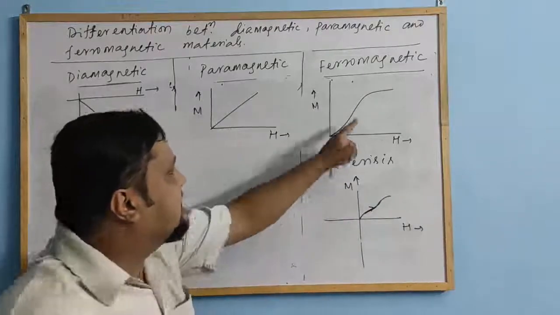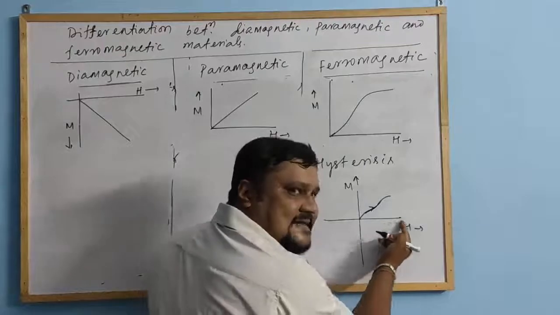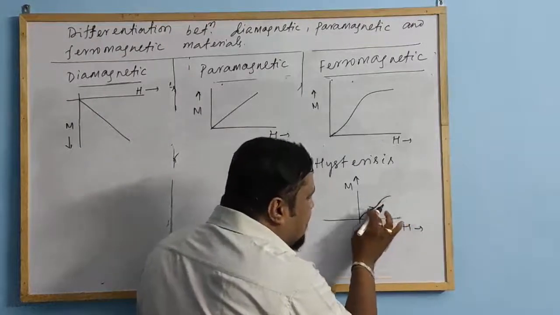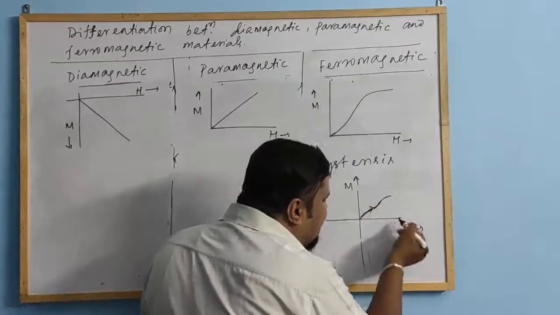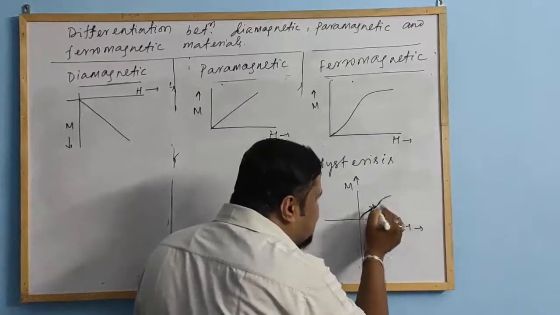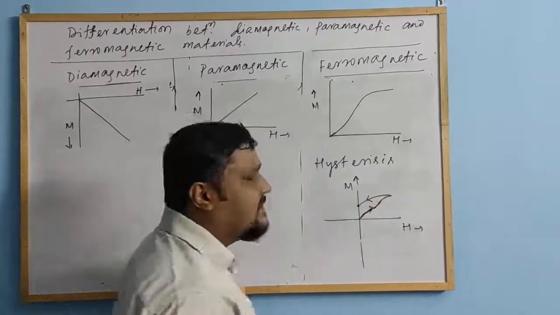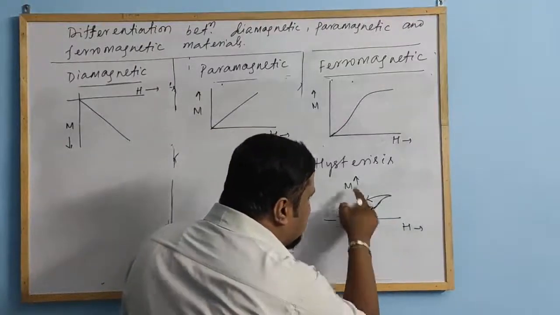Then the magnetic field strength decreases. Now it is increasing along this path, but when we decrease, it will not come along this path, and it will not come to this position. It comes to here. Initially, when H is equal to 0, M is also 0.